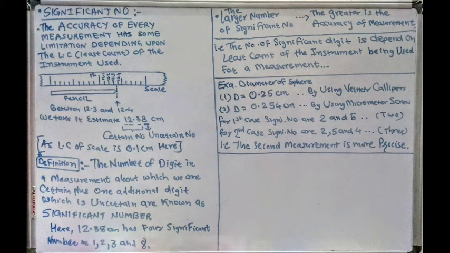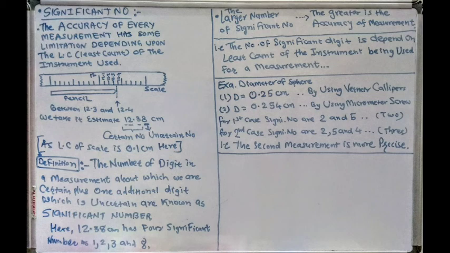For example, let us take the diameter of a sphere measured with vernier calipers as 0.25 cm. For the same sphere, the diameter measured with the micrometer screw gauge would be 0.254 cm.